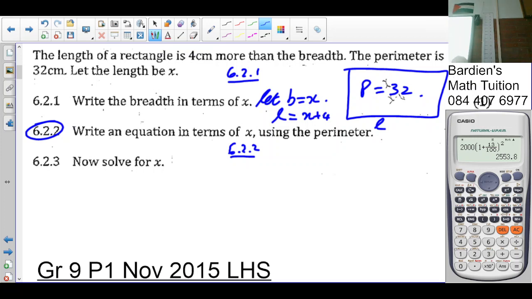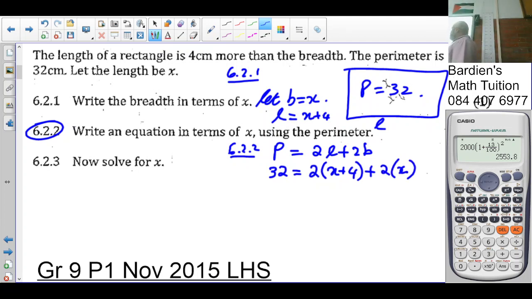Let's see. In 6.2.2 you must write down the equation in terms of x using the perimeter. How do you calculate the perimeter? It's 2 length plus 2 breadth. The perimeter is 32, so 32 is equal to 2 times (x plus 4) plus 2 times x.